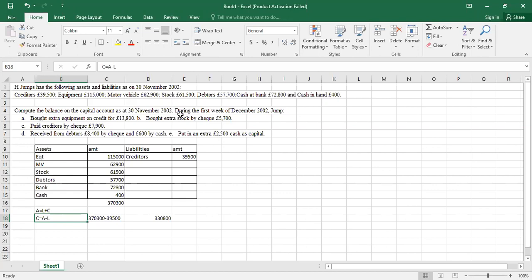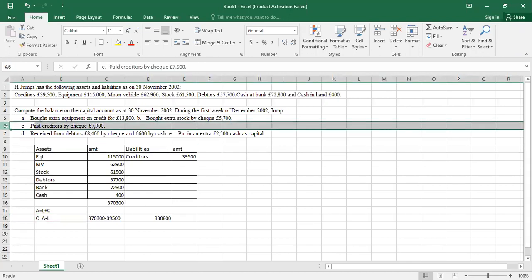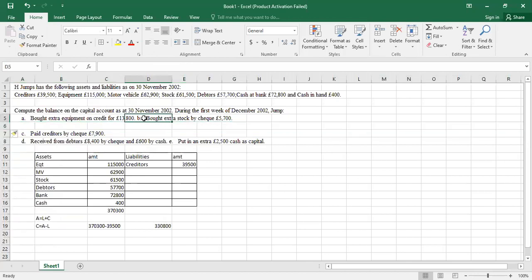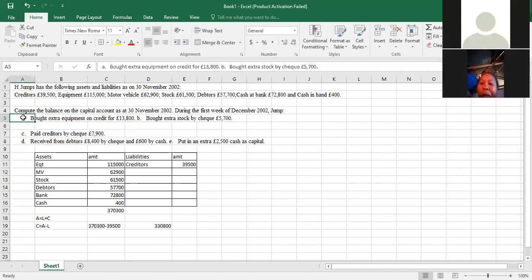I want someone to guide me. So what are we supposed to do? What is happening to our equipment? Guys, what is happening to our equipment? Are they increasing or decreasing? What is happening to our equipment?